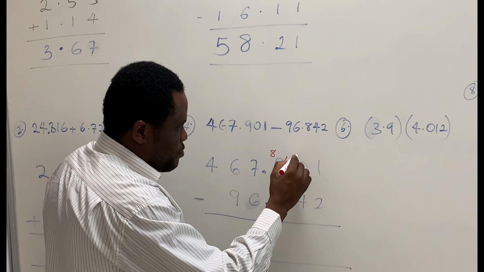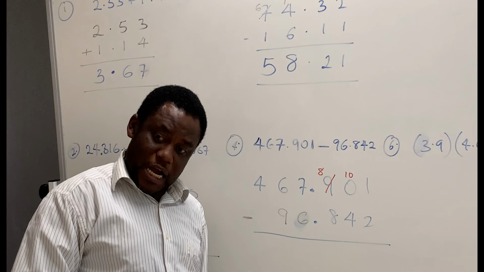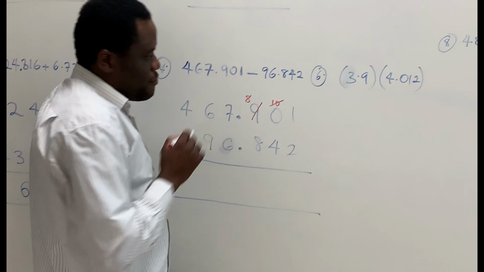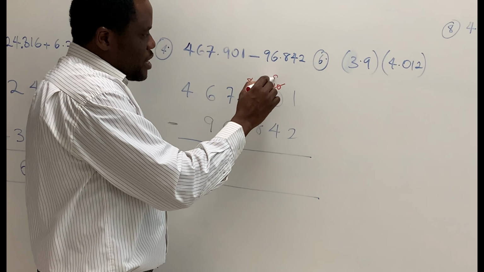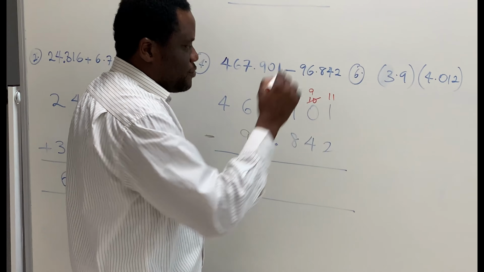So we add it here, we have 10. But this is not where we are going, right? So we have to borrow 1 again from this place. What is left here now is 9. That 1 comes to this place, we have 11.